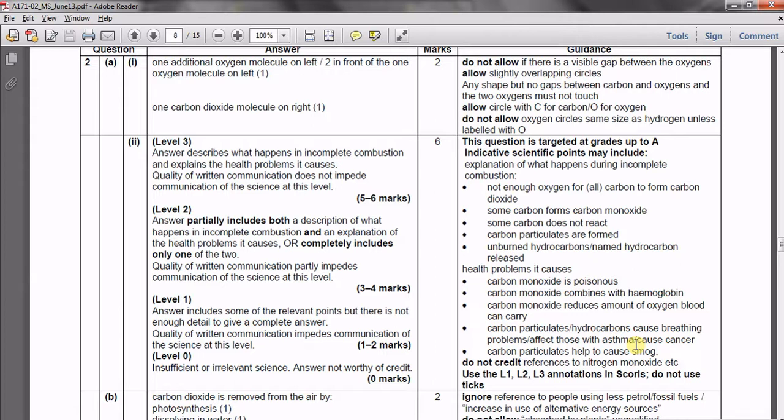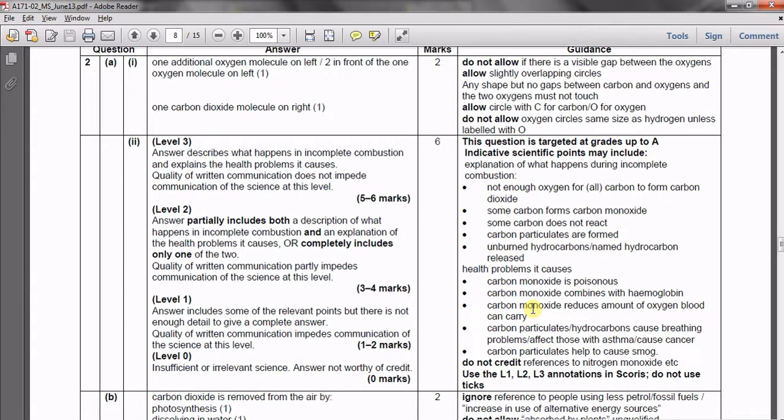Okay, so for a level 1 style answer, it says that you need to include some relevant points, but there's not enough detail to give a complete answer. So you might have added 1 or 2 points out of either of these 2 sections of the answer, but there's just not much detail there.